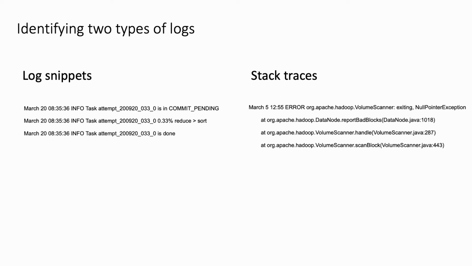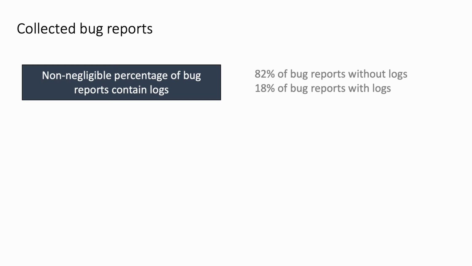From those bug reports, we identify 2 types of logs, log snippets and stack traces. Here we show an example for each type of logs. Based on the collected bug reports, we found that a non-negligible percentage of bug reports contain log. Our result shows that 18% of bug reports contain log and 82% do not contain any log.